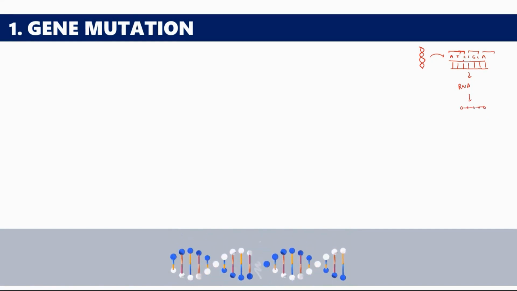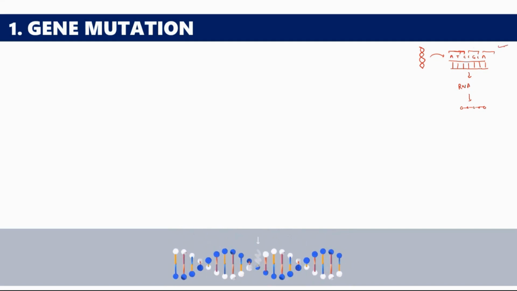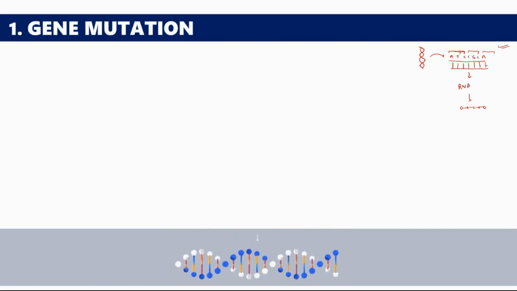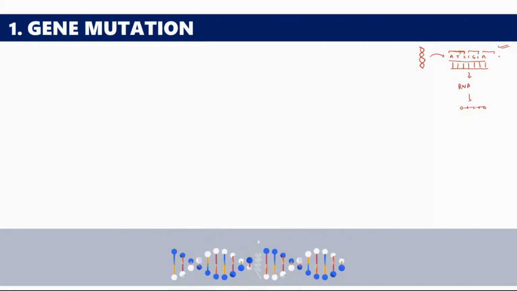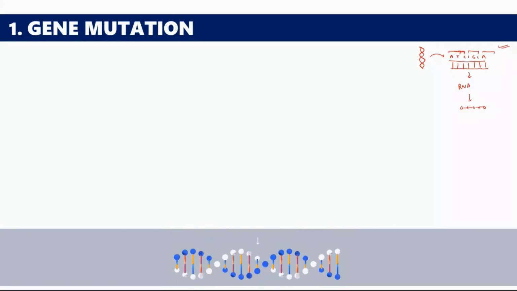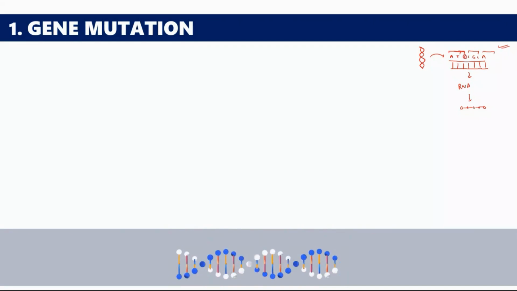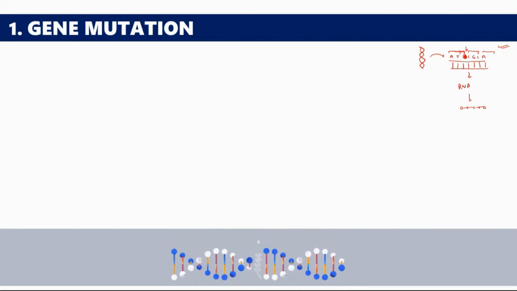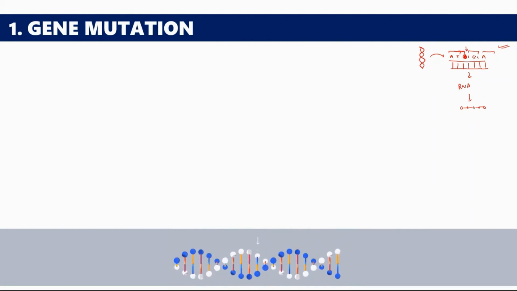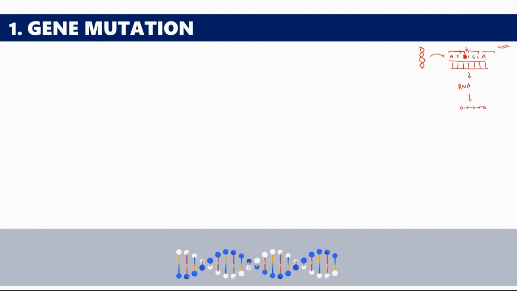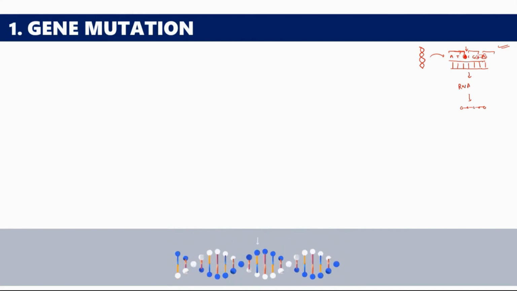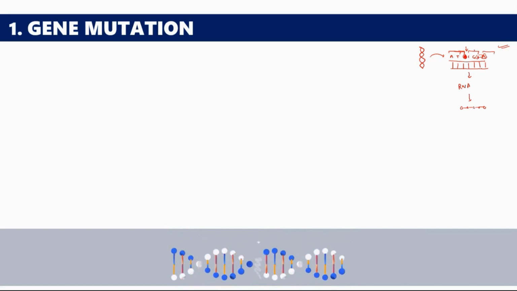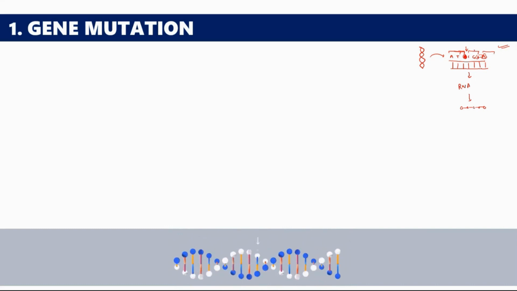Now, if somehow we change the information on the DNA, there could be multiple ways in which it can be changed. Let's say we delete this C, or we add some extra A or C over here, or there is some rearrangement: this A came in the place of C and the C came in the place of A. So substitution of position can also take place.